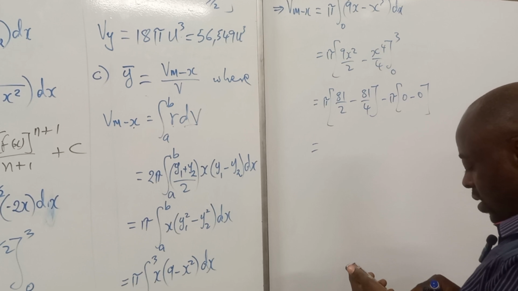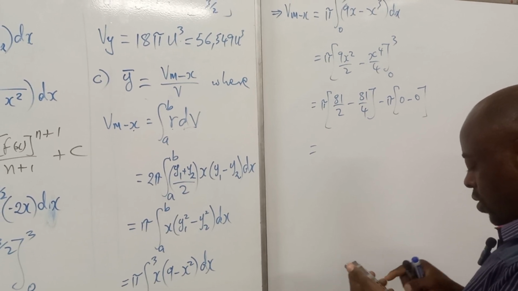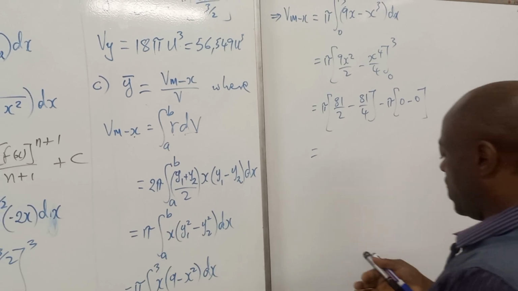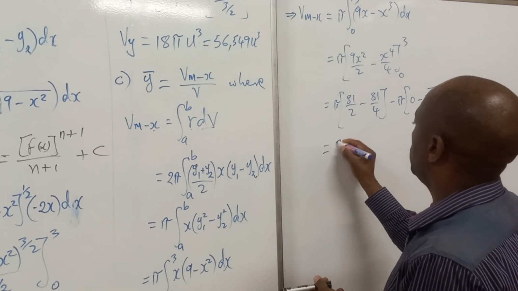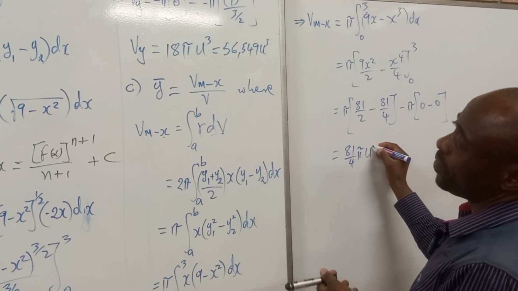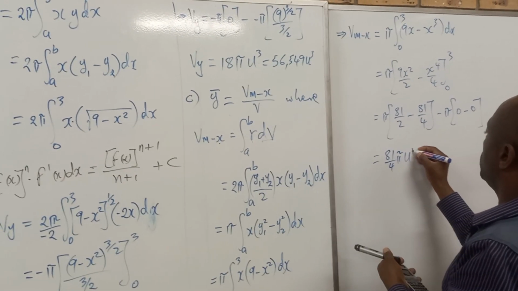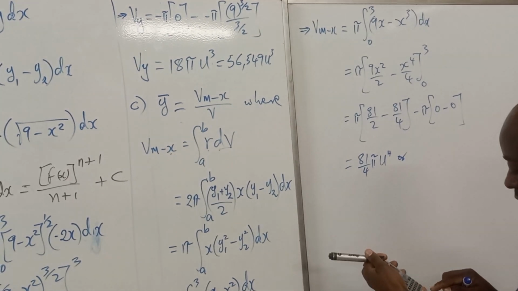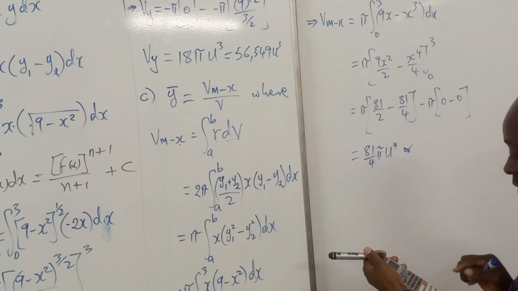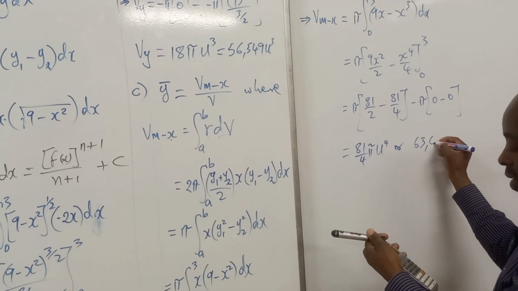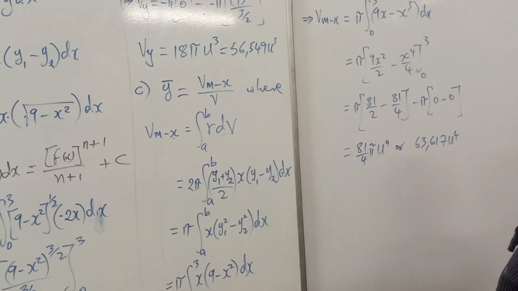That gives me 81 over 4 pi. So again, 81 over 4 pi unit to the power 4. That's the unit of that, which can also be written in terms of decimals for those who prefer decimals. That will give us 63.617 unit to the power 4.